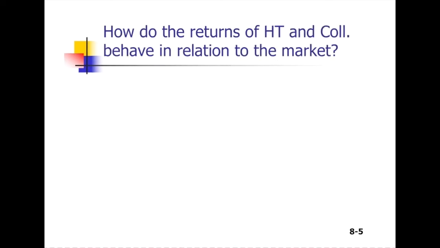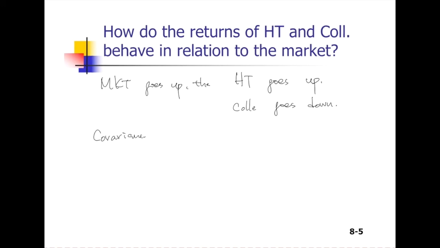We can summarize that if the market goes up, then the high-tech company's expected rate of return goes up, right? And the collection agency's expected return goes down. In this case, we can apply a statistical term, the covariance, or correlation.